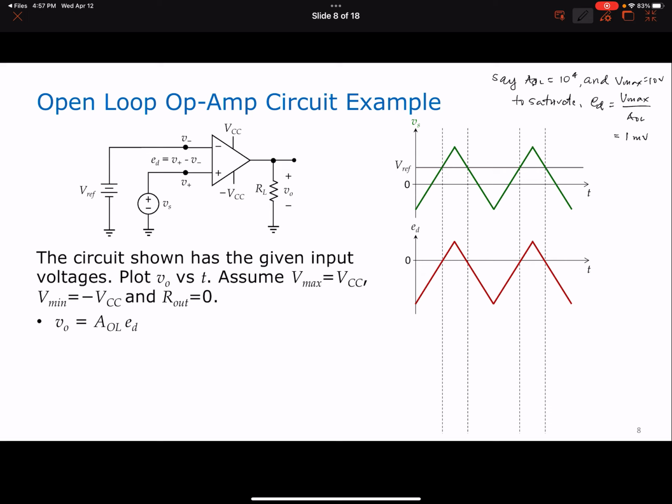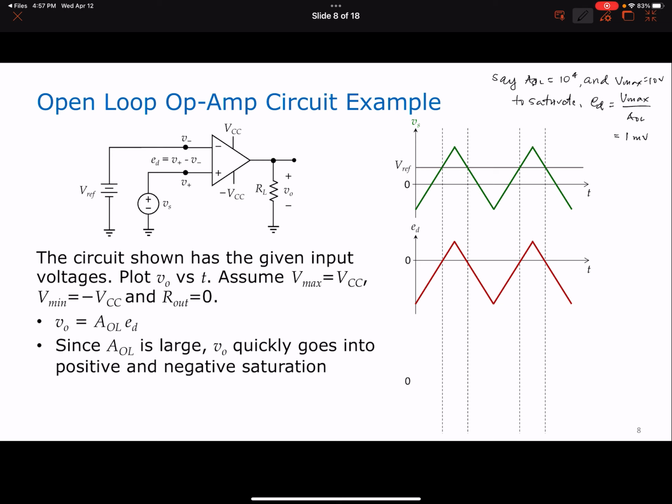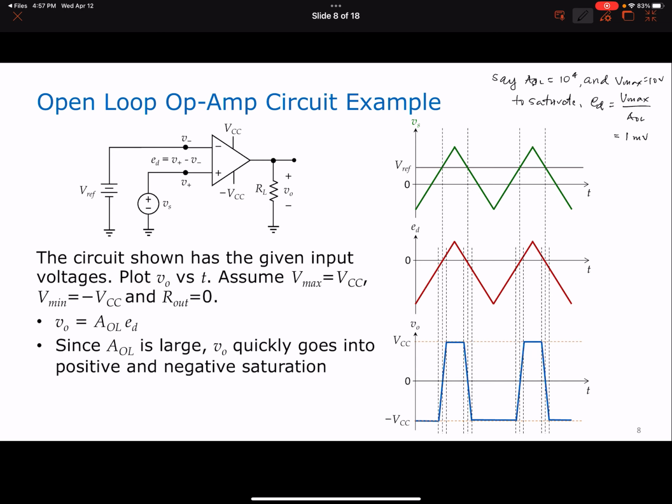That can be here. Let's say this is 1 millivolt. At this point, notice that our output is already saturated. So since AOL is large, V sub O quickly goes into positive and negative saturation.